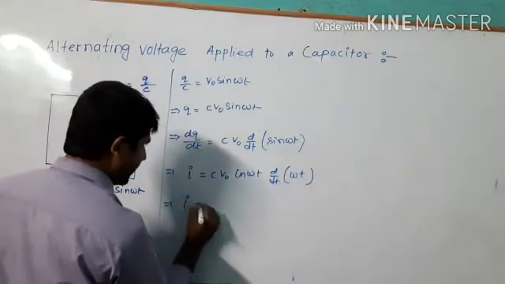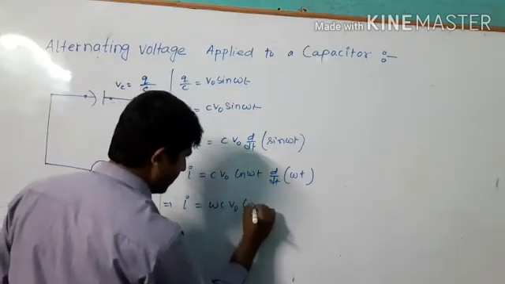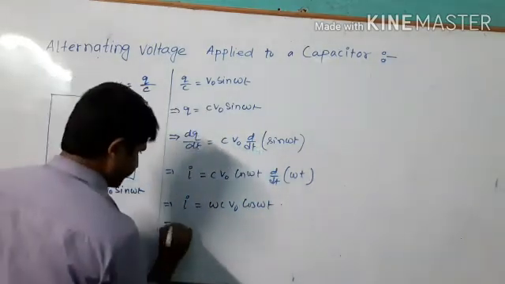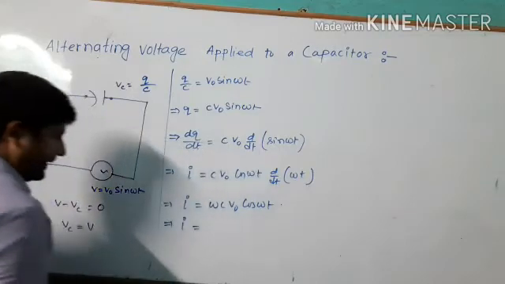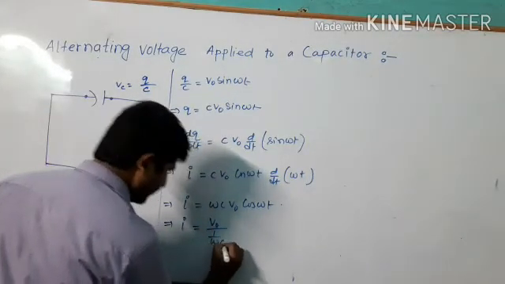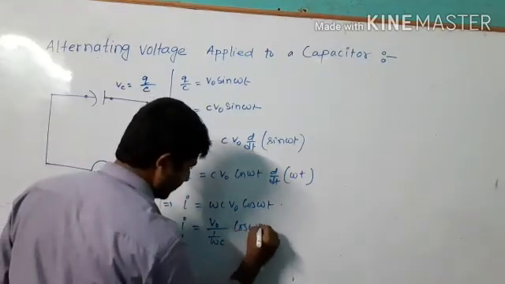So here we can write I equal to omega C into V0 cos omega t. Now I is V0 by 1 by omega C into cos omega t.